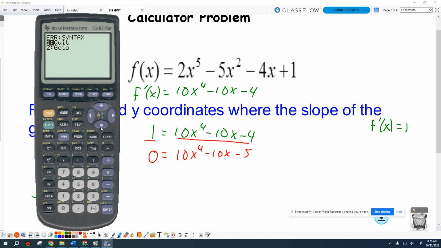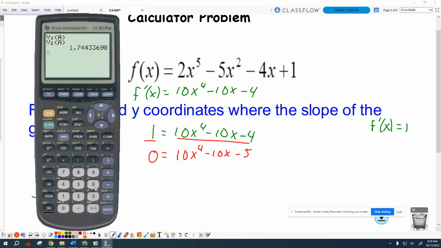Oh, go to... What? Oh, it's right. I did not. Do you know this second insert? I forgot the squared. And now I screwed up, but I can say second enter and it retypes what I just did. So there's my y value.